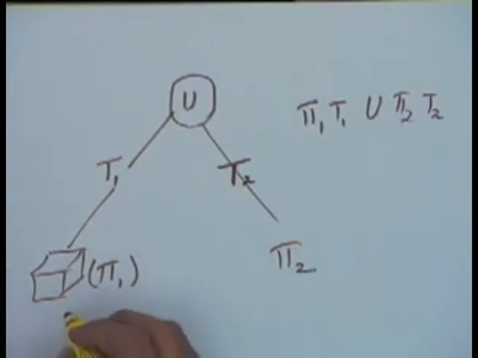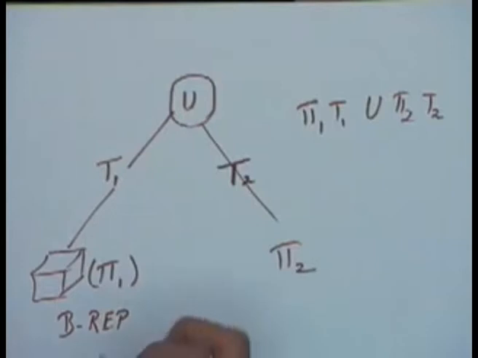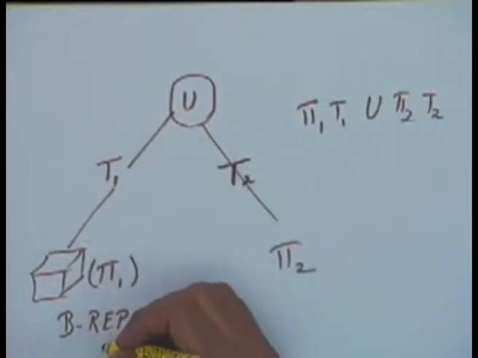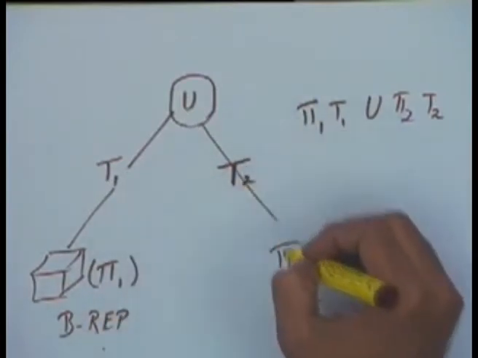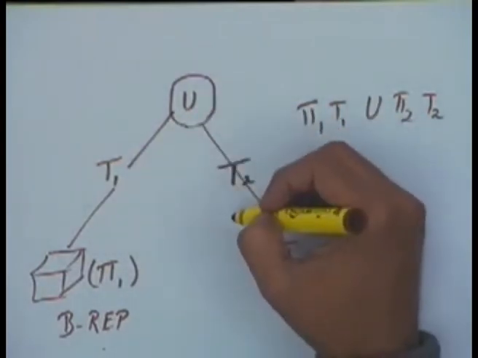Let's say this solid is represented using either B-rep or some graph based representation. Okay, this transformation is not going to alter this representation. The transformations are not going to alter the topology of this object, only the union operation is going to alter the topology.